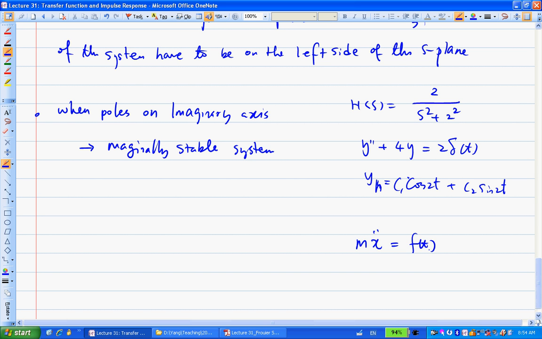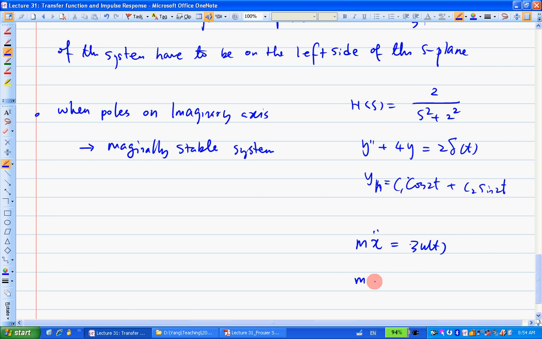What kind of system is this? This is basically mass multiplied by acceleration equal to the force. And let's say I have a constant force all the way through. Then what's the Laplace transform of the system?